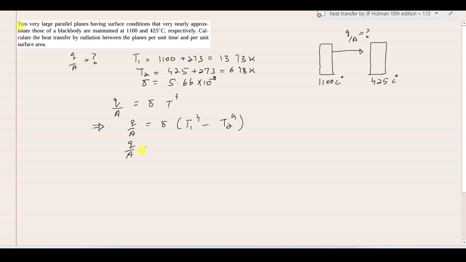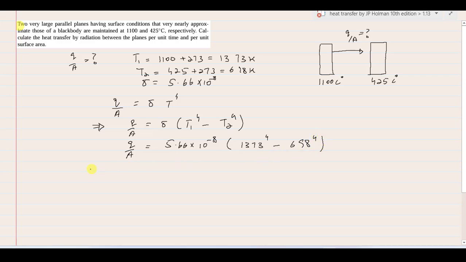Now q by A equals 5.67 multiplied by 10 to the power minus 8, times T1, that is 1373 to the power 4, minus 698 to the power 4.